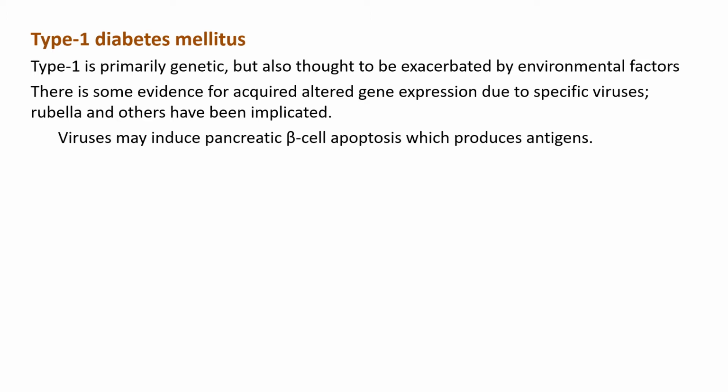So it continues to produce both T and B cells against those host proteins, and they will go out and they will treat those normal host proteins in the pancreas as antigens and will attack them.